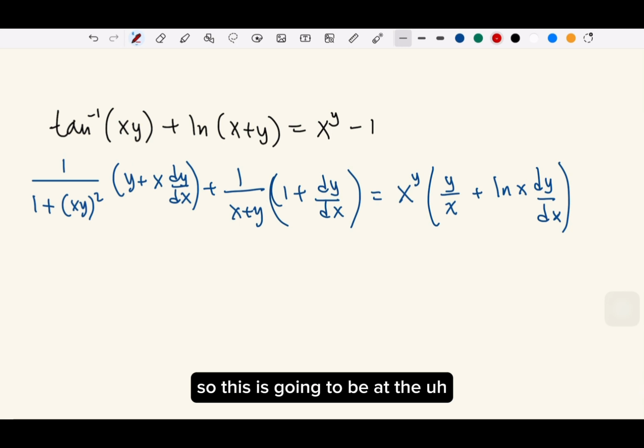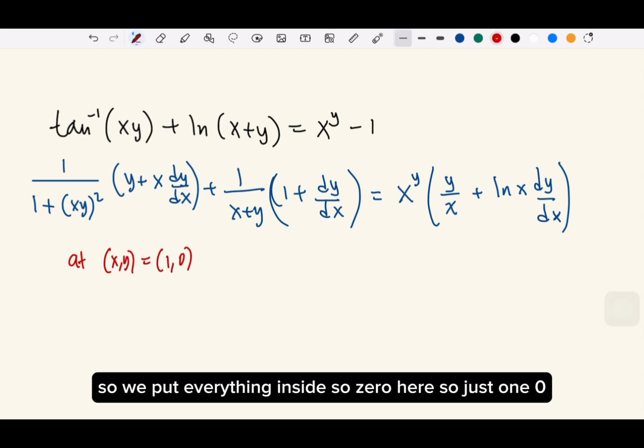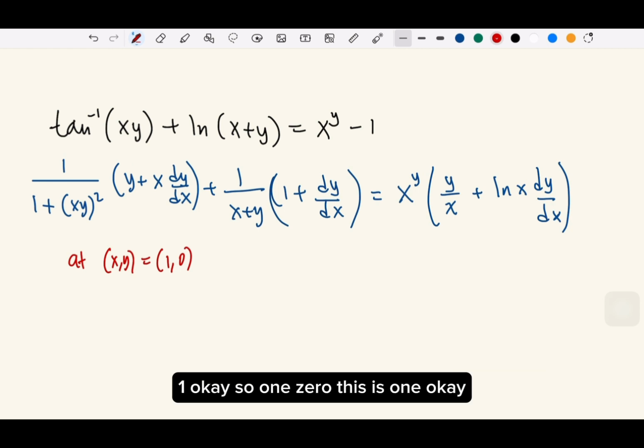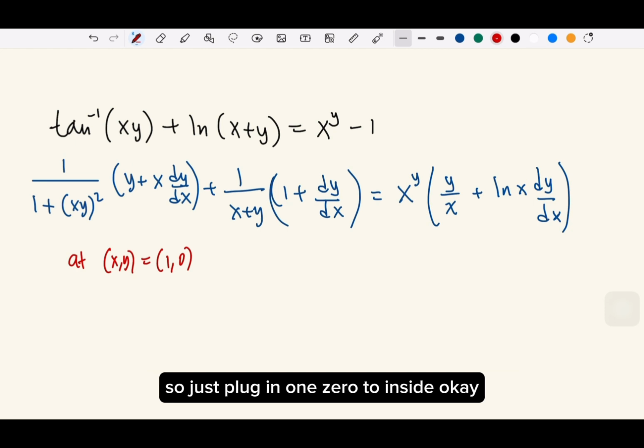So this is going to be at xy equal 1, 0, right? So we put everything inside, so 0 here, so it's just 1. Okay, so everything you can make simpler, right? So just plug in 1, 0 inside.